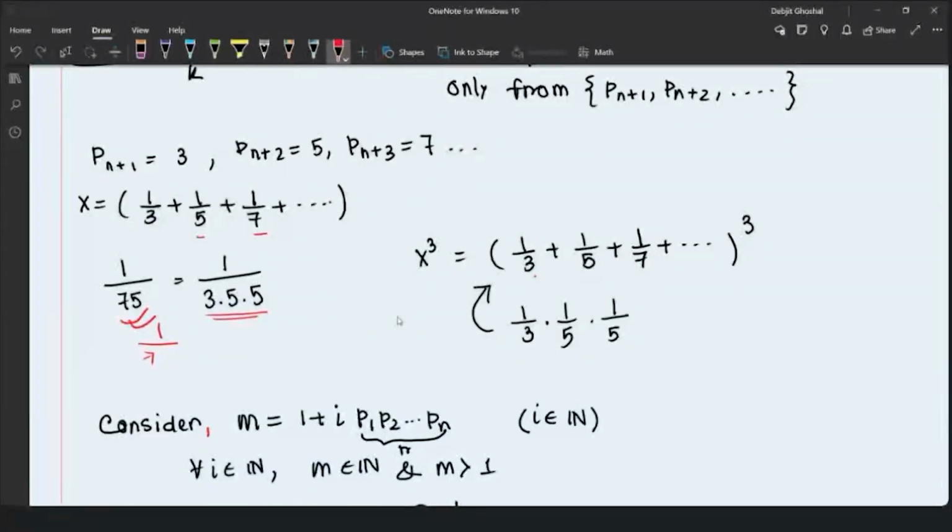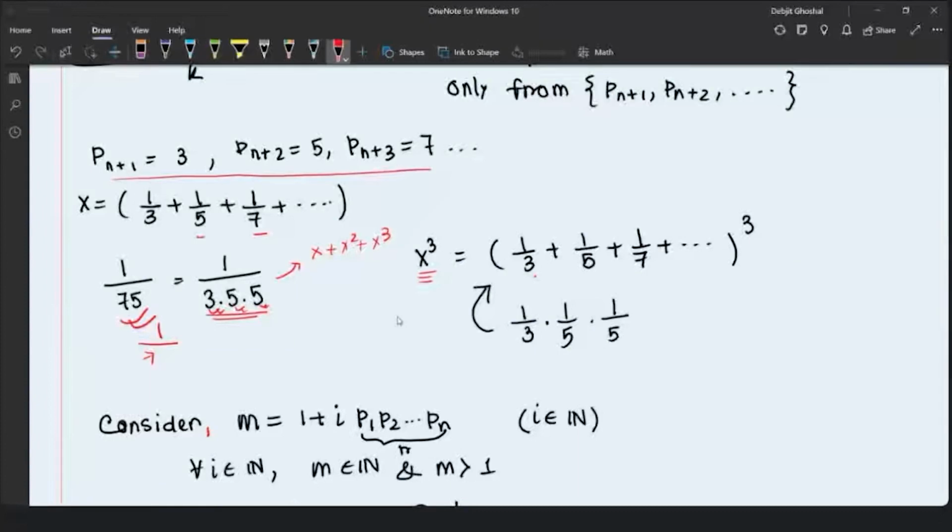Now, I am saying that this should be present in our original geometric series x plus x square plus x cube, because all the prime factors of this are in the set we are considering as the tail of the series, pn plus 1 as 3, pn plus 2 as 5. But why? Consider the term x cube. What is x cube?